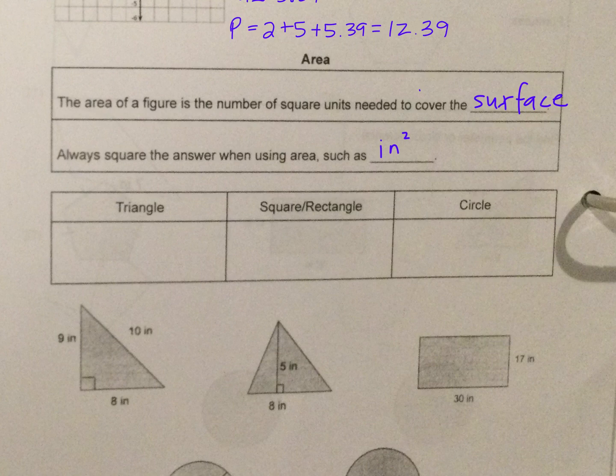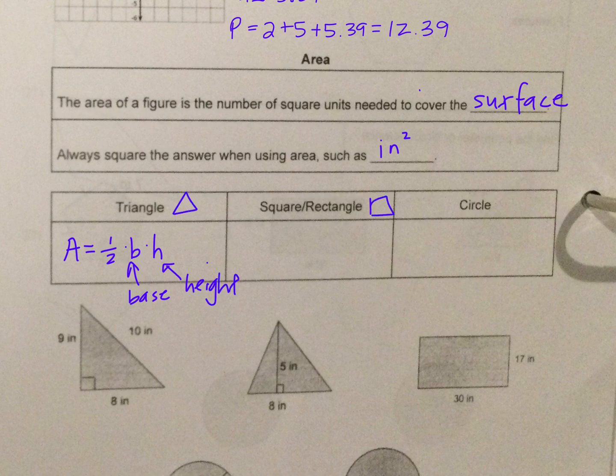So there are 3 formulas when you're dealing with area. You have the triangle formula, area equals 1/2 base times height. The B stands for the base, and the H stands for height. So those are for triangles.